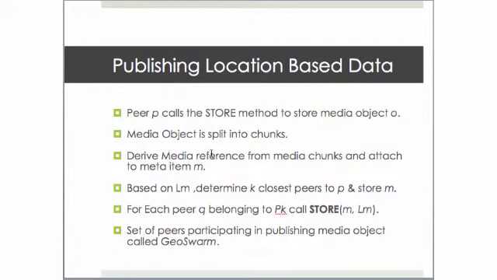From there, the media reference is derived and attached to the meta item M. Based on the location, we determine the k closest peers to peer P. For each peer Q that belongs to this returned list, the store method is called, passing the meta item and the location. The set of peers that participate in this publishing process is called a GeoSwarm.